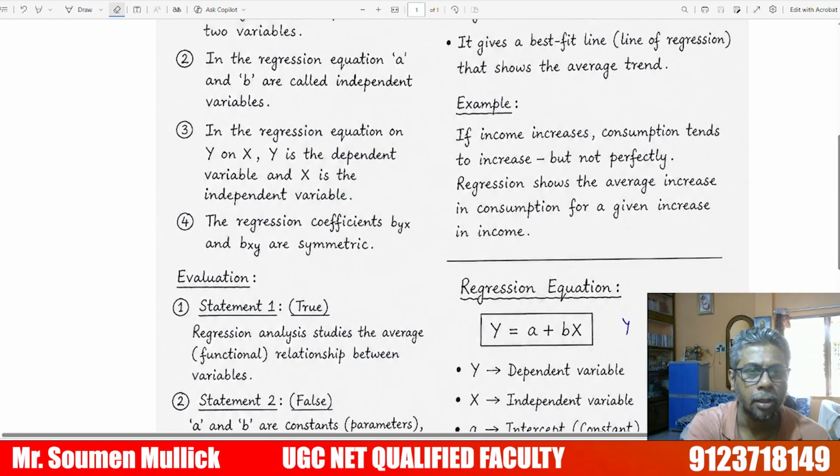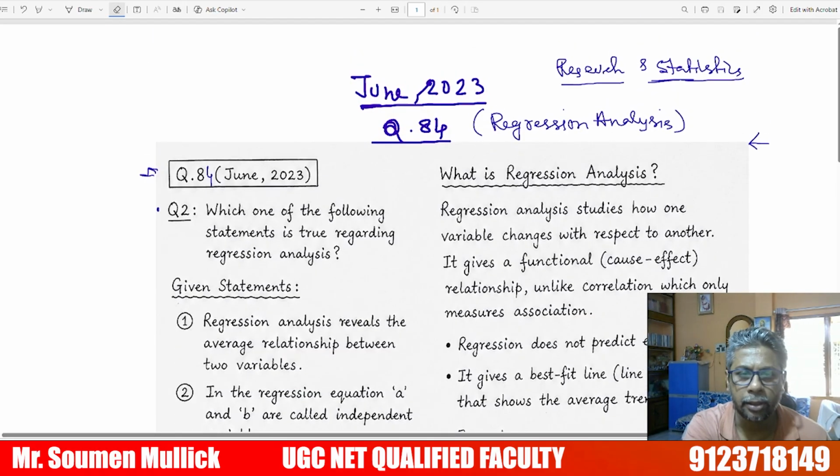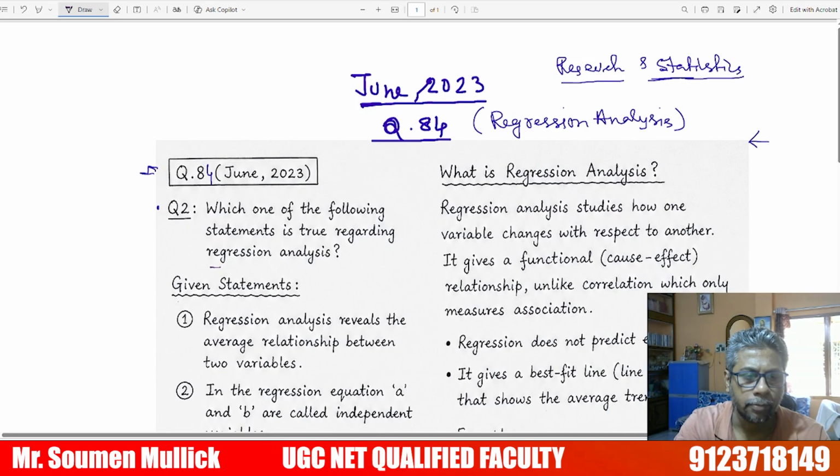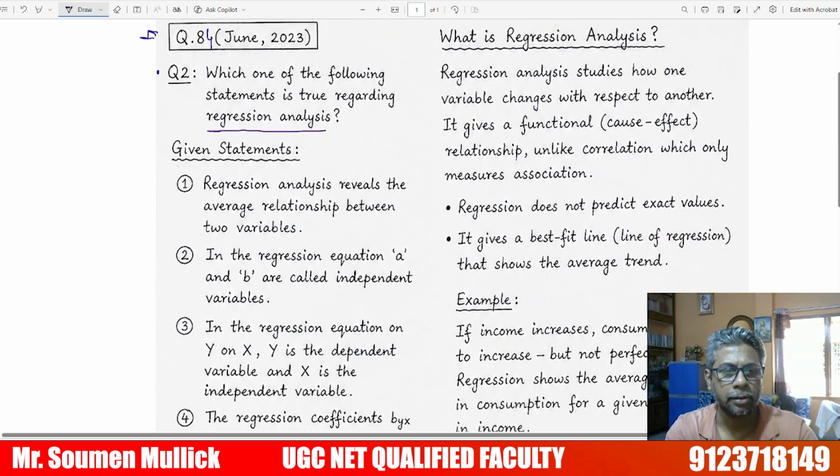The next question is based on regression analysis. The question is: which of the following statements is true regarding regression analysis? UGC has given us four statements.